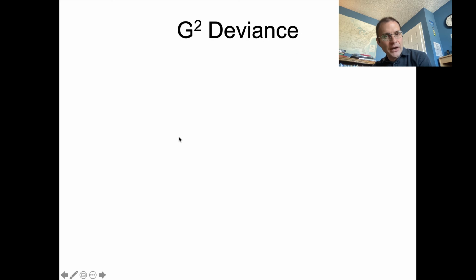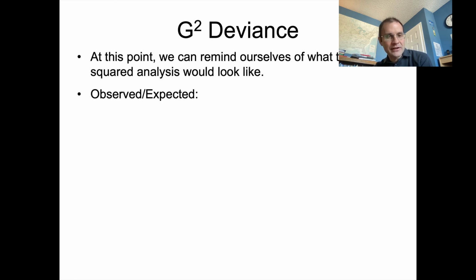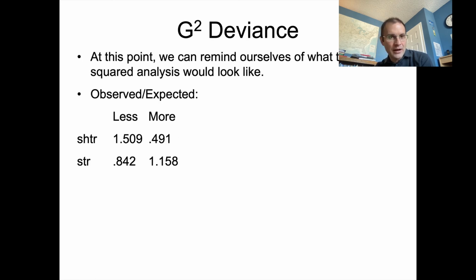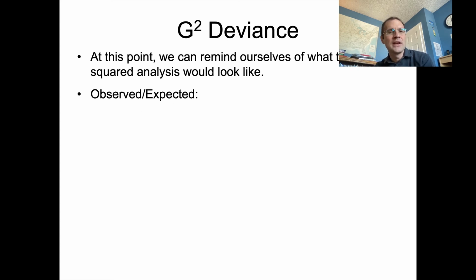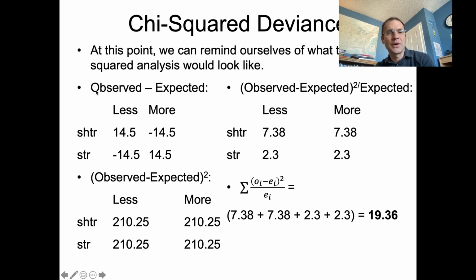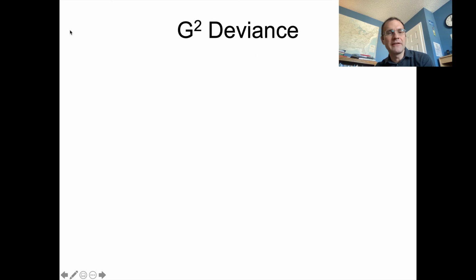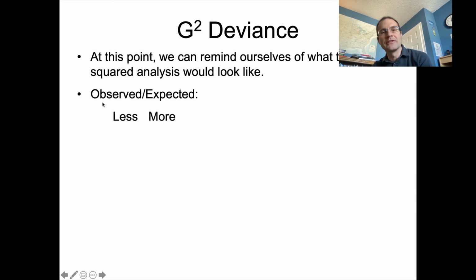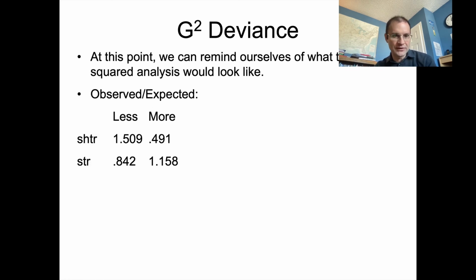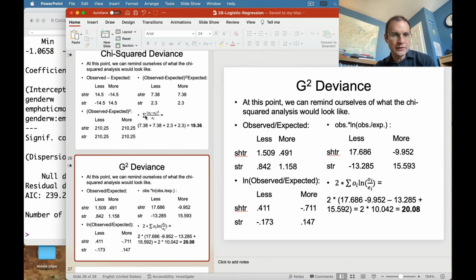The g-squared deviance is going to be calculated in a fairly similar way, but the important difference is where you start out from. With the chi-squared statistic, it's observed minus expected. And for the g-squared, it's observed divided by expected, because you're looking at those proportions again, like a ratio. Just to make this clear, I'll compare it to what we had before.